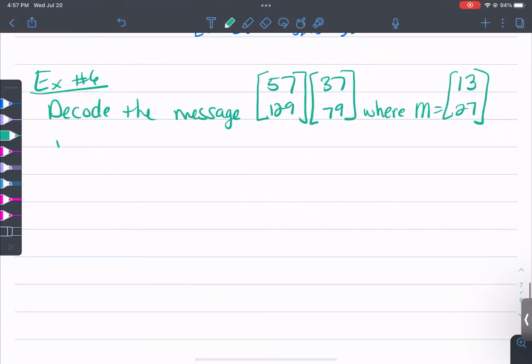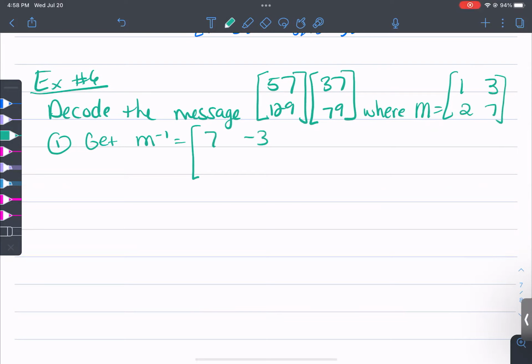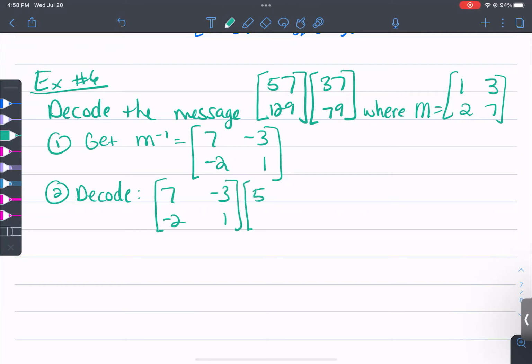So that process starts with getting the inverse of M. Sorry, that is a 2 by 2 matrix. It's supposed to be a square. 1, 3, 2, 7 is M. Its inverse is 7, -3, -2, and 1. And then to decode, you multiply the inverse matrix by each of the 2 coded matrices.